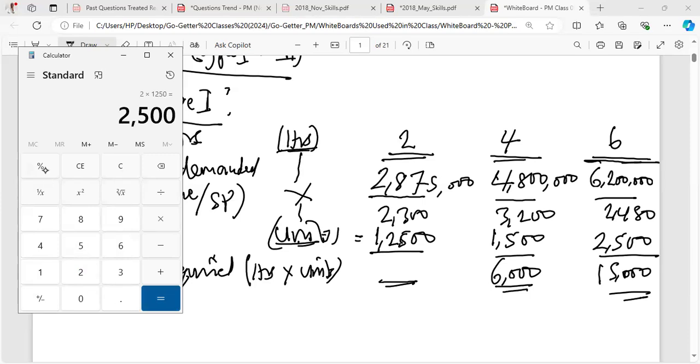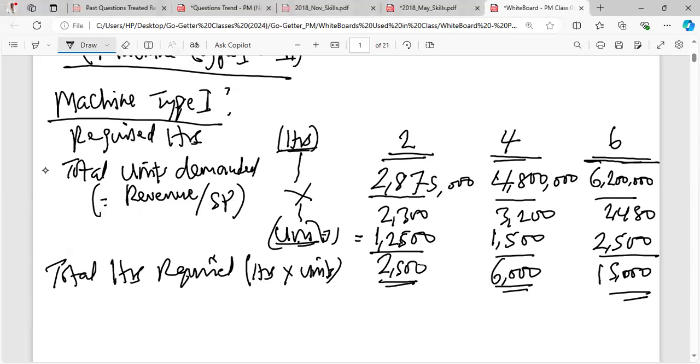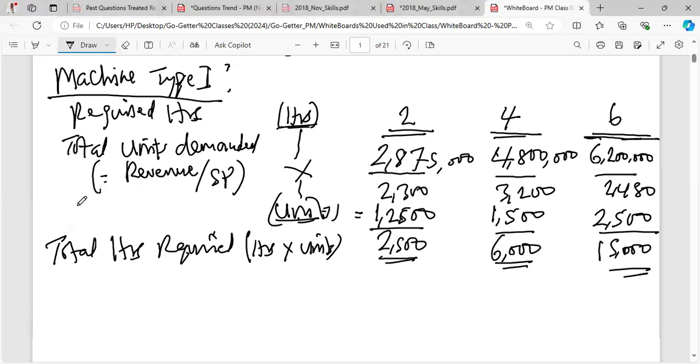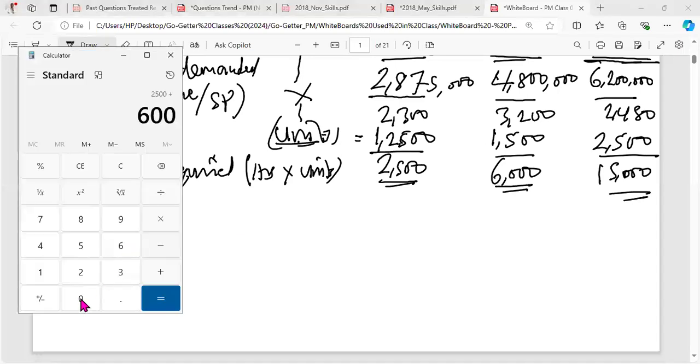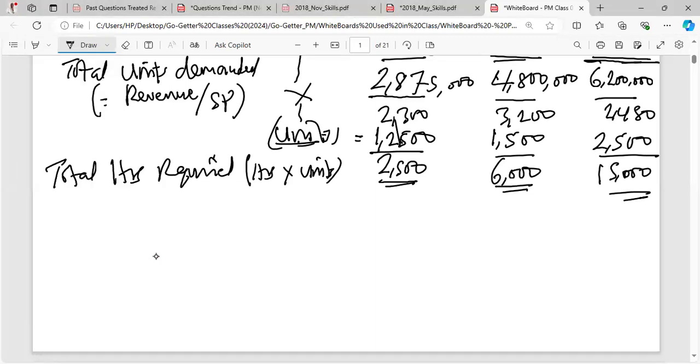We have 2,500. Now, when you add all of these together, 2,500 plus 6,000 plus 15,000, you have 23,500. So I will now say this is 23,500 hours.